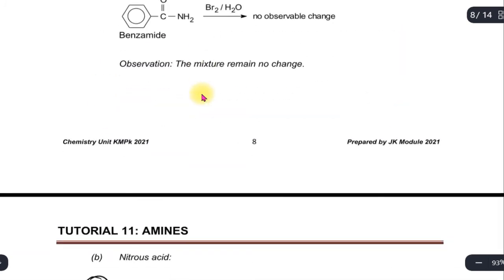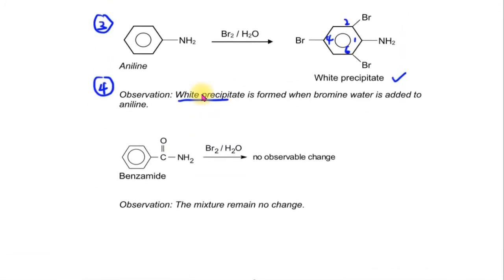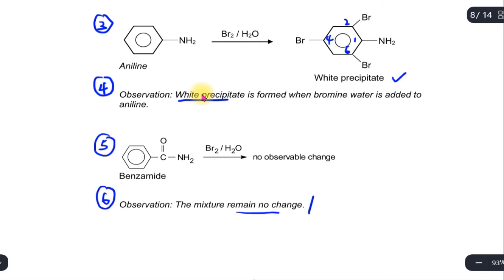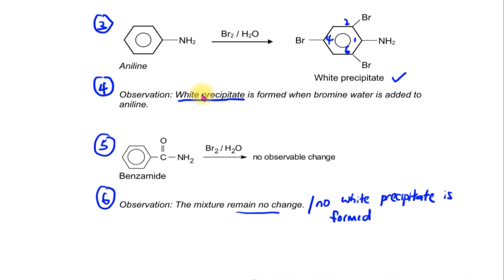Then equation 2 is the benzamide, and then observation 2: the mixture remains with no change, or you can write no white precipitate is formed. As I guided you all before, you have to write something opposite from the positive result. So no observable change. This is the way to answer the chemical test.